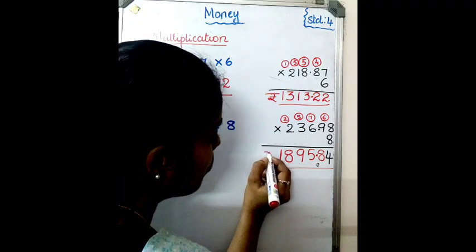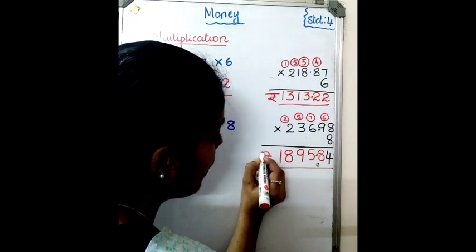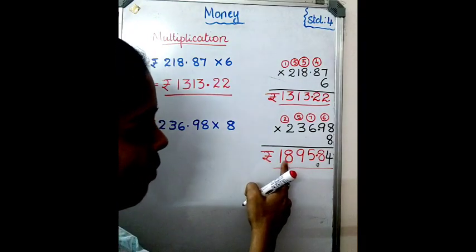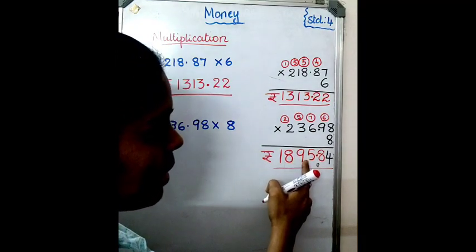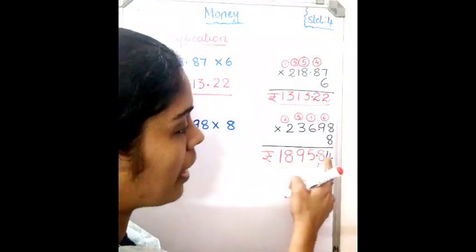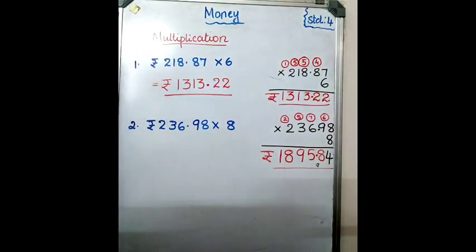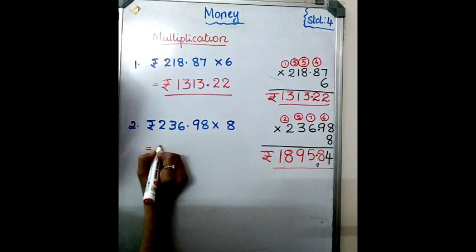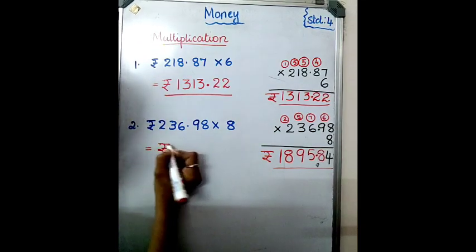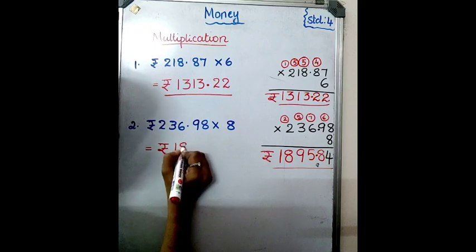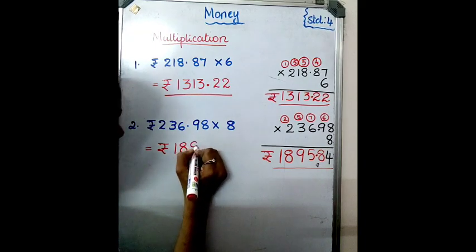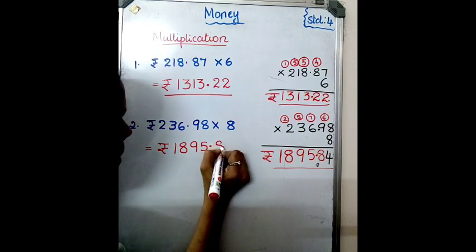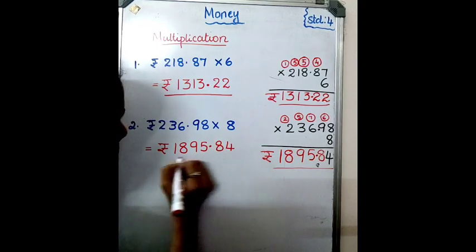Don't forget to write down the rupee symbol. This is rupee 1895 rupee 84 paise. So the answer is 1895 rupee 84 paise.